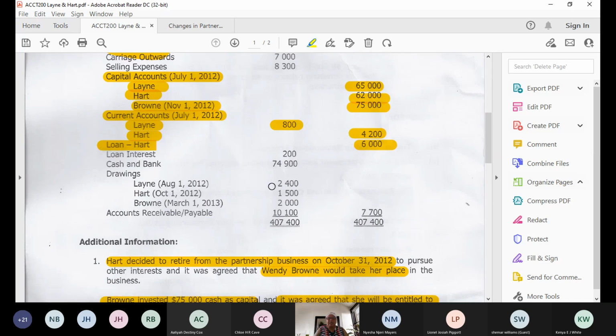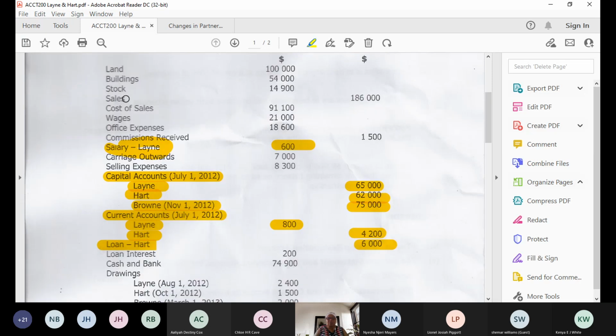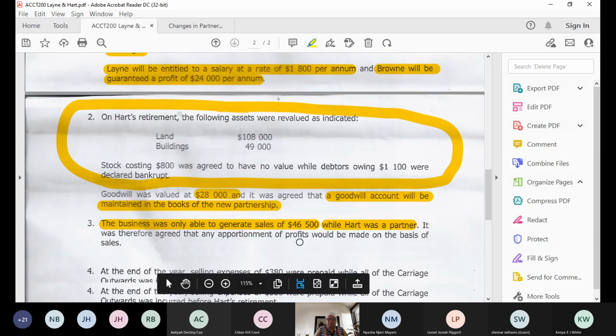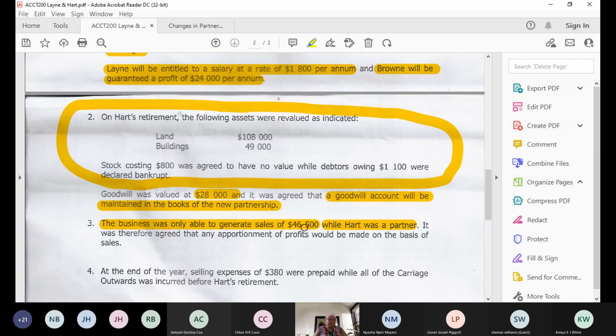So if you look back to the trial balance, what is the total sales? The total sales for the full year, from July 2012 to June 2013, the total sales are $186,000. That's the total sales for the year. However, out of that $186,000, only $46,500 in sales were generated while Hart was there.